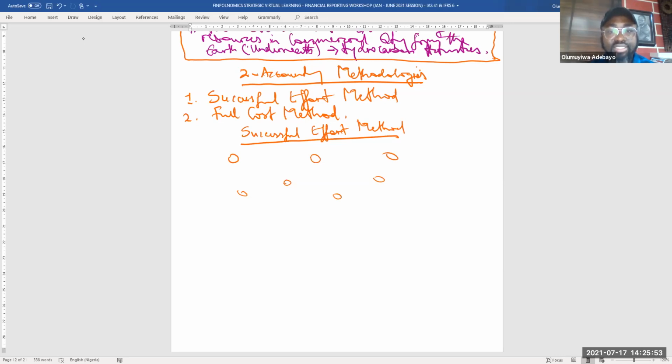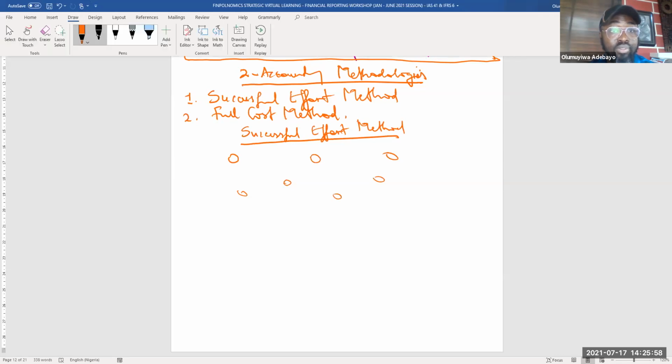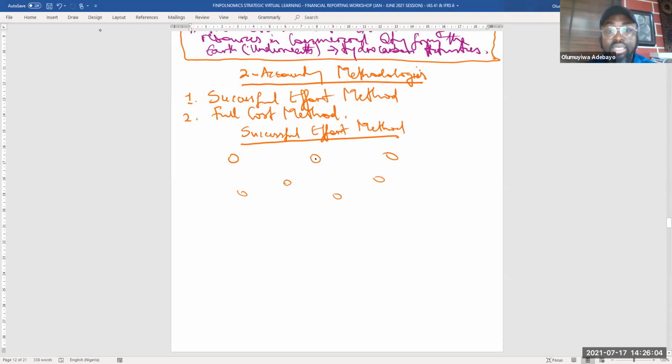Now, what we discovered is that of these 7, the only one that proved successful that has oil is just this 5. Oil denotes those black dots. But these 2 has nothing, empty.